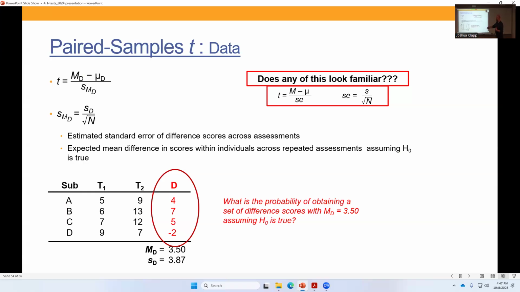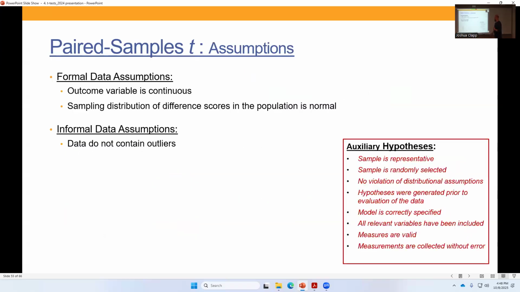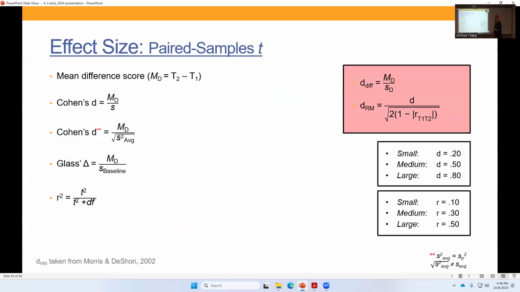If I use the standard deviation of my difference scores for the calculation of my effect size, what's this effect size going to be? It's going to be way higher, right? So we need to be careful in realizing the standard deviation of the difference scores can look a lot different than what it would relative to here.